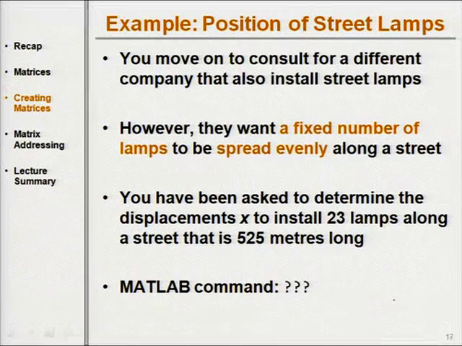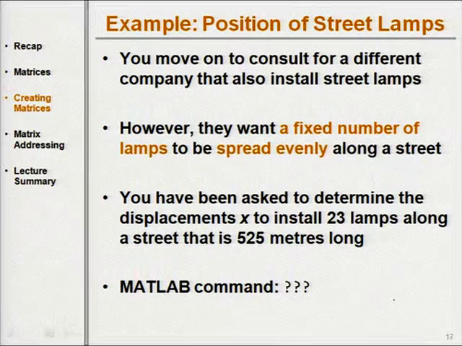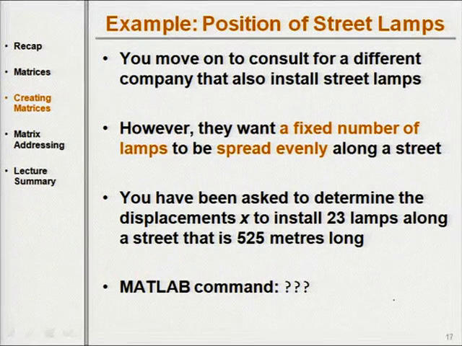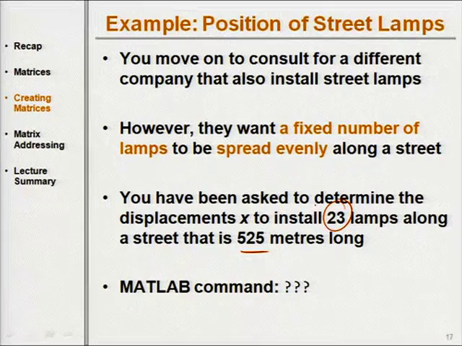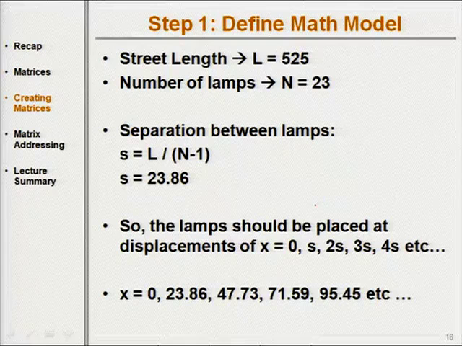So you work for the same company. However, now they say, we've got 23 lamps, and we want to put them onto a street, evenly spaced. So you go out to the street, you measure it, and it's 525 meters. But you have 23 lamps to space out evenly along that. How do you do that?